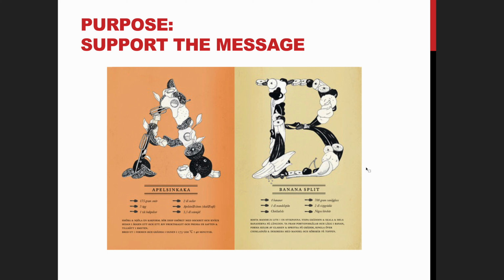Obviously, when you see it, it's supporting the message, because you don't even have to see the content, and you automatically think this is something dealing with food, more than likely a cookbook. This is an extreme version showing you that it does support a message.